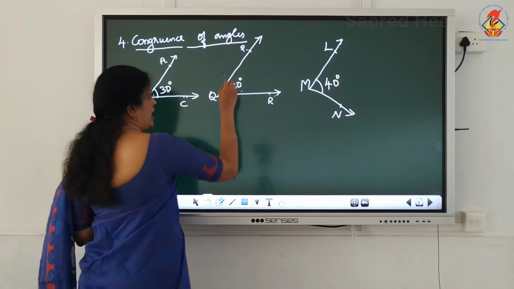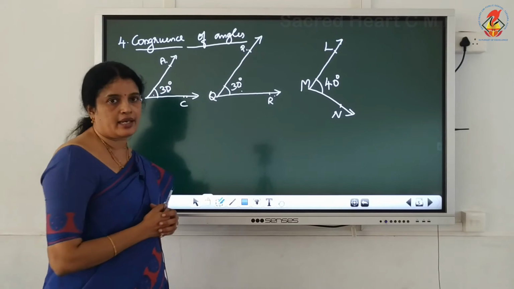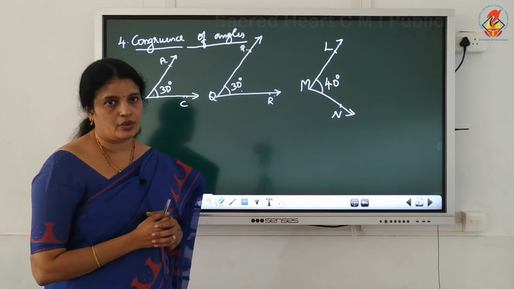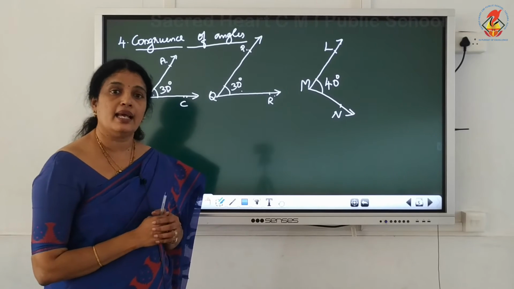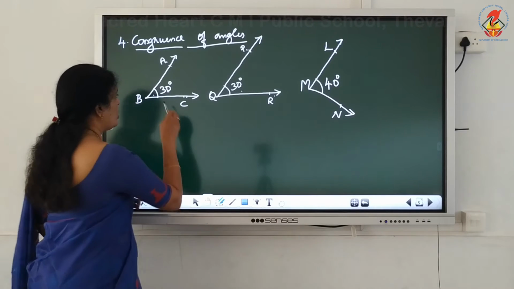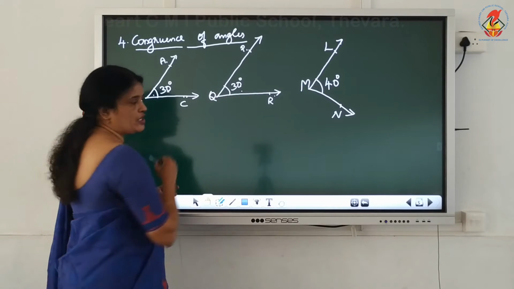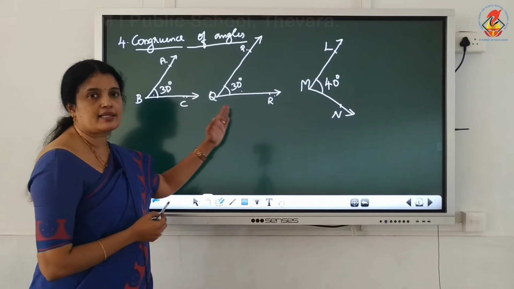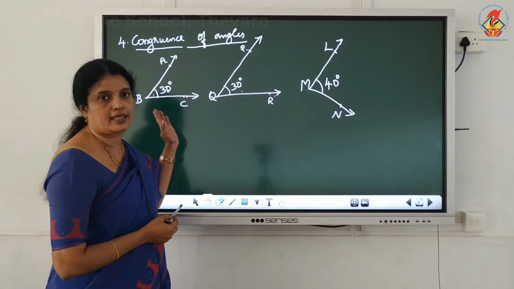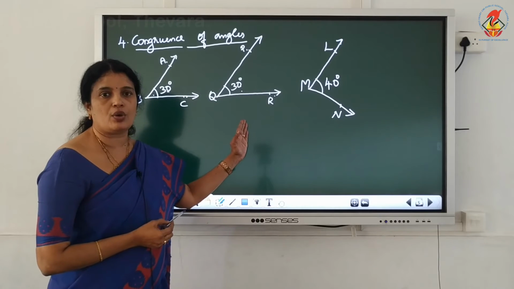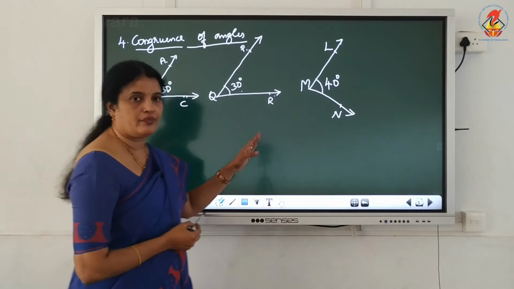Ray QP and ray QR indicate the direction, not the length. Here you consider only the measures. Both angles have the same measure, so angle ABC and angle PQR are congruent angles.